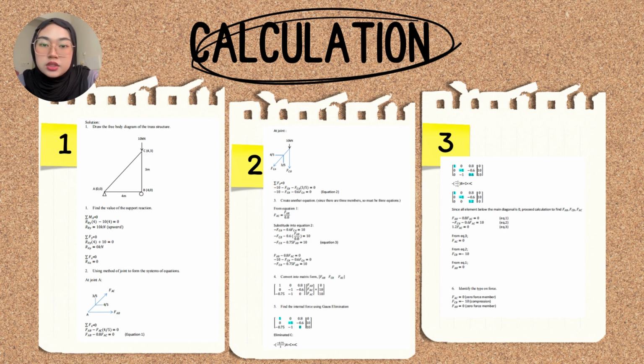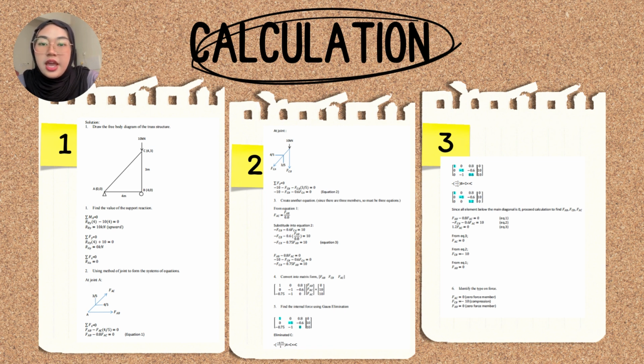Bfc25203. For this project, I am the person in charge of the calculations. There are a few steps I use to solve this case. For the first step, I draw the free body diagram of the truss structure, including the external load and the dimensions.